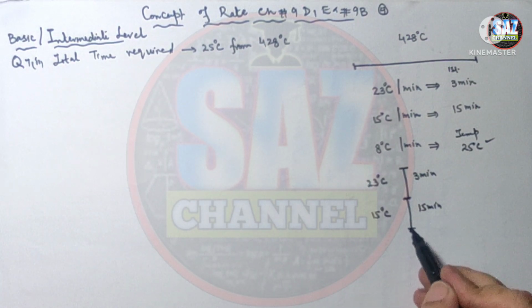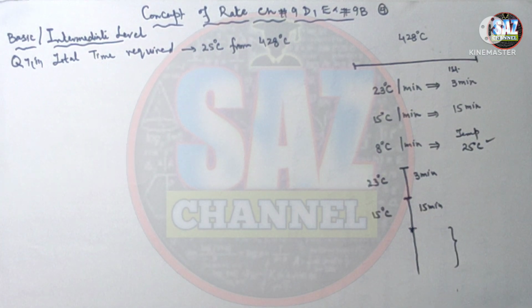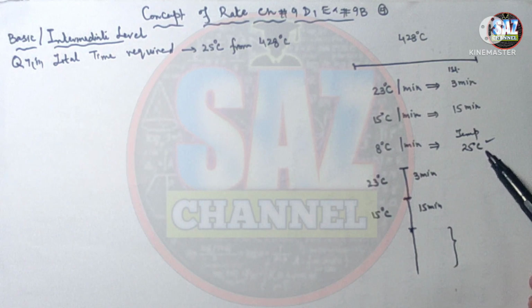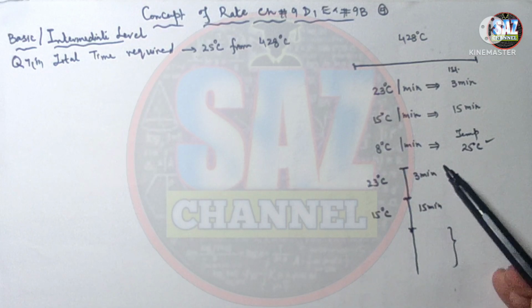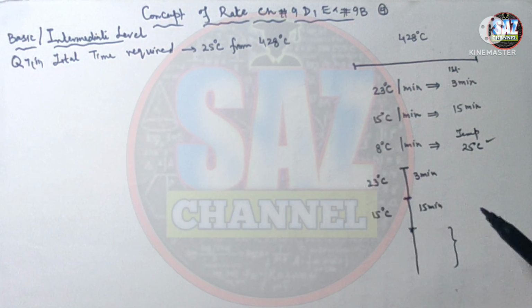And for the remaining portion after 15 plus 3, 18 minutes, the rate at which the temperature is going down is 8 degree centigrade per minute until it reaches 25 degree centigrade. So we can easily find the total loss in temperature in the first 18 minutes.